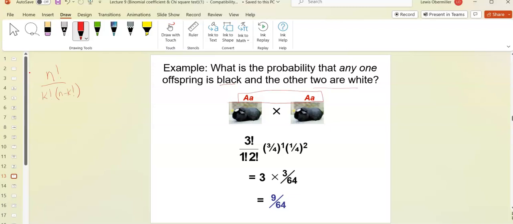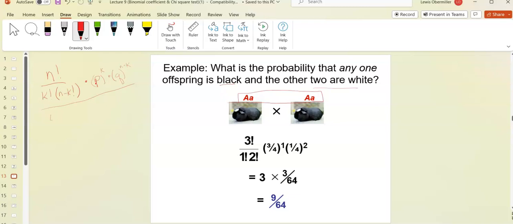And then we have to multiply that by the probability of k, and we'll just say that this is q. And then again, that would be n minus k of it, right? This is what the whole formula looks like.